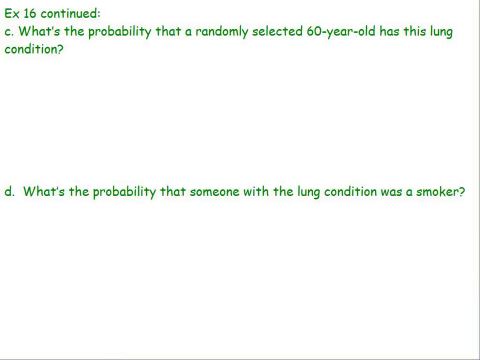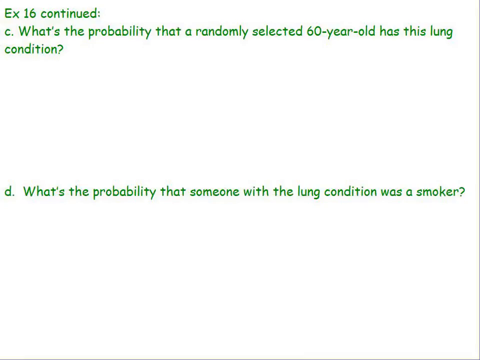Let's look at the two extension questions. What's the probability that a randomly selected 60-year-old has this lung condition? So we're choosing from all the 60-year-olds, which is what this entire tree diagram was about. So we just need to look at the two numbers that focus on the lung condition.